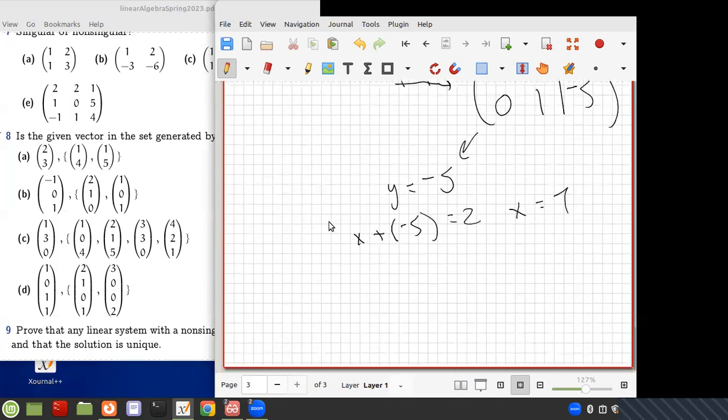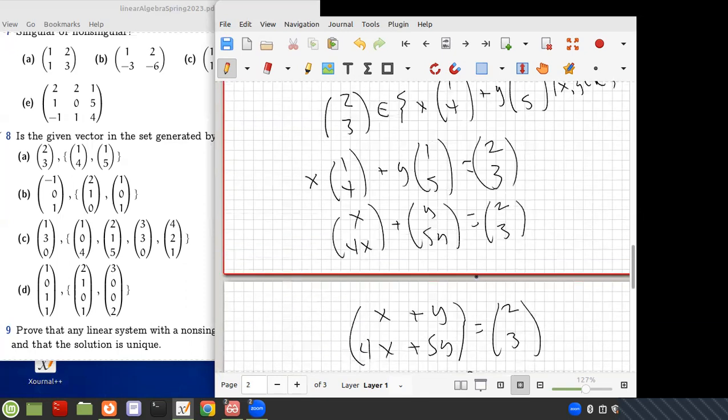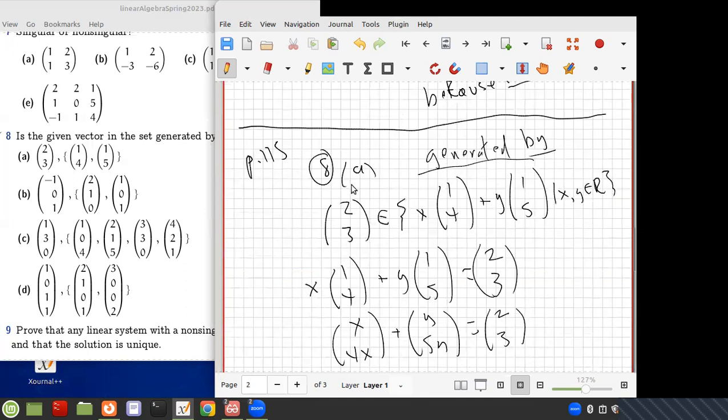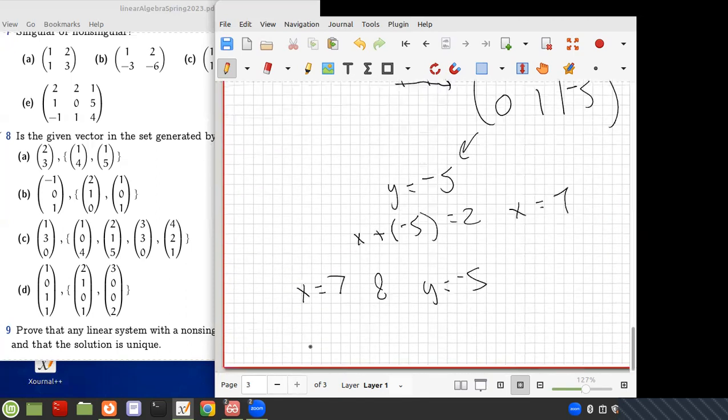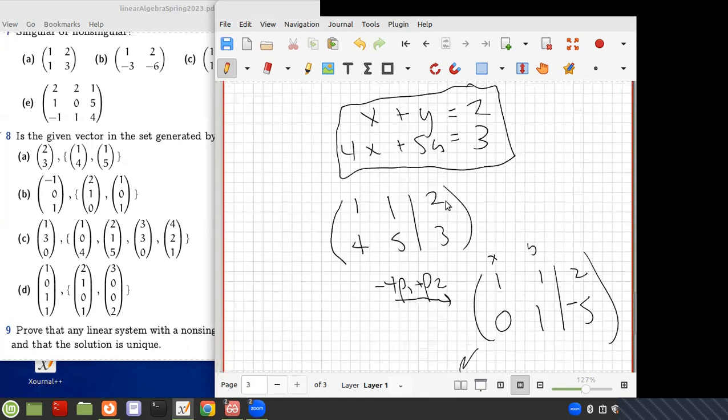So if I choose x equals 7 and y equals minus 5, that should show that this combination results in (2, 3). Let's see if that's true. We can put 7 times (1, 4) plus minus 5 times (1, 5) and see if it equals (2, 3).